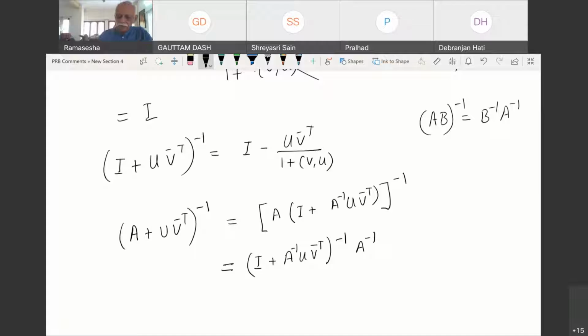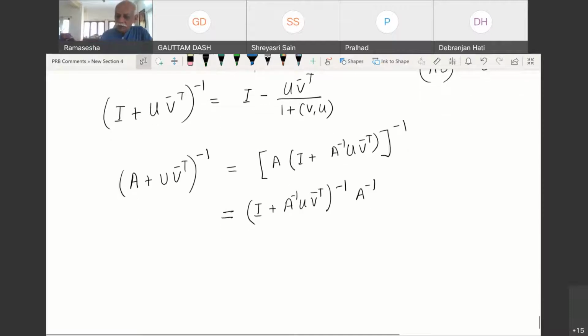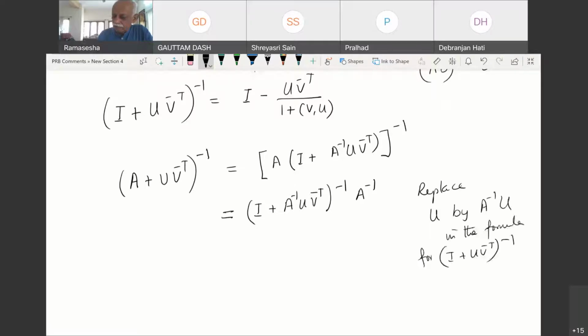Correct? So what is it that we had the relationship for I plus UV bar transpose inverse? So replace U by A inverse U. So you have the UV bar transpose inverse you have.